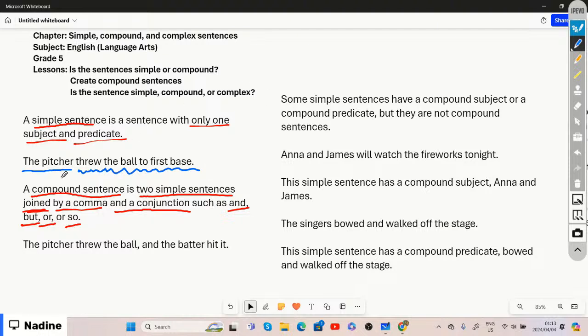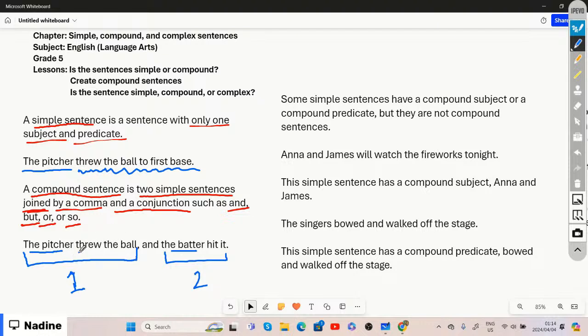So an example of a compound sentence is: the pitcher threw the ball. That is our one simple sentence. And then we also have: the batter hit it. That's our second simple sentence because the pitcher is our subject, the batter is our subject. And the predicate within the first sentence, who threw the ball?